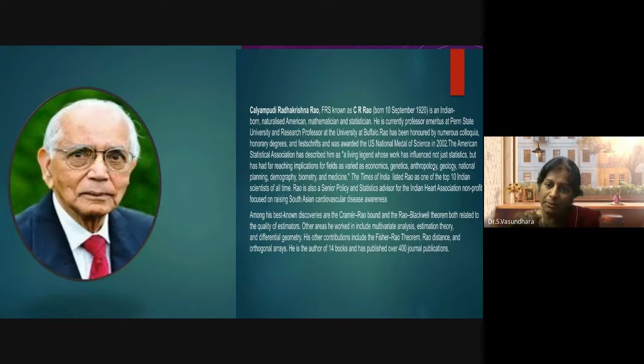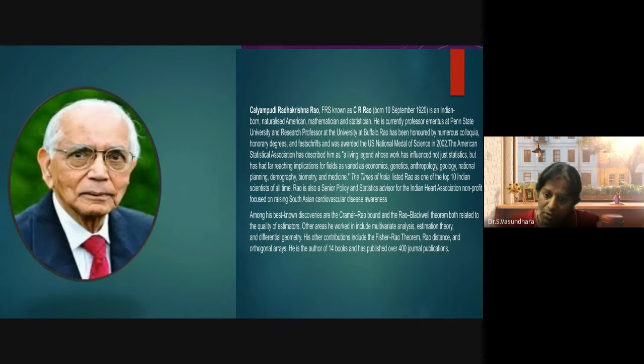So his contributions to statistics, his honorary degrees are numerous, and he made the best known discoveries, the Cramér-Rao bound and the Rao-Blackwell theorem related to the quality of an estimator. Other areas he worked in include multivariate analysis, estimation theory, differential geometry.